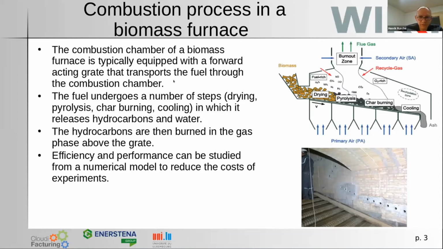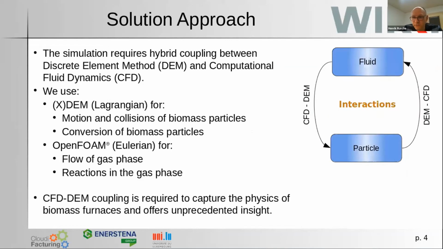So this should be efficiency and performance you would like to study in a numerical model. But this is rather complicated, and you can imagine that an Eulerian-based model will not be good enough. So in order to capture the physics on the wood chips, what you would do here is to couple that with the DEM software.